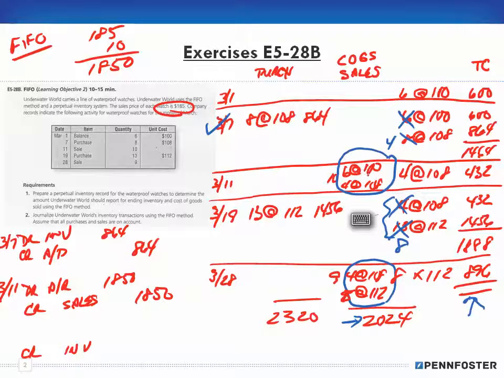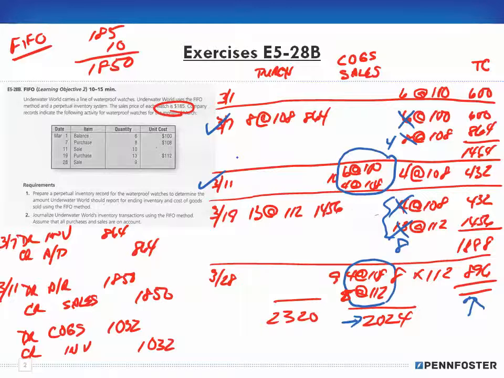So that was 6 at 100, which is 600, and 4 at 108 is 432. So that's 1032 is the amount of the value we have to take out of inventory and put to cost of goods sold. So we'll credit inventory for 1032, and we debit our cost of goods sold account for 1032. Okay, so that's the entry for 3/11.